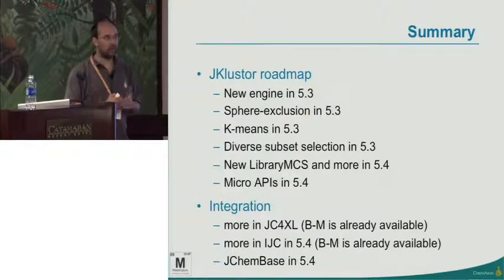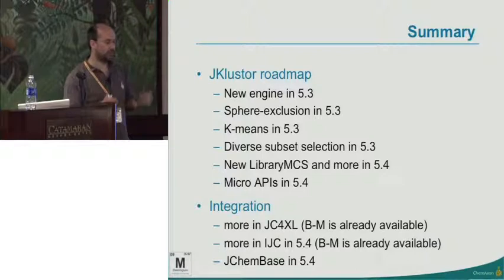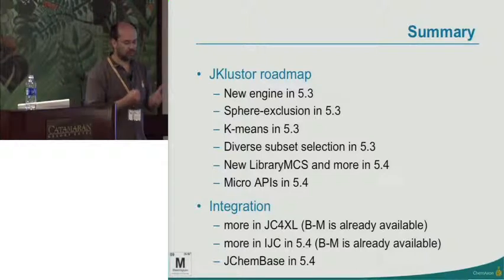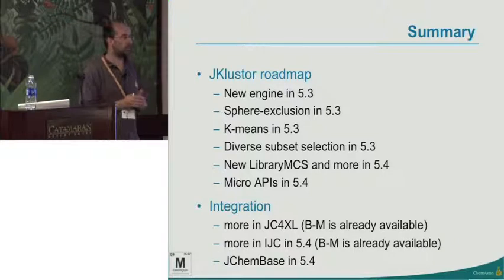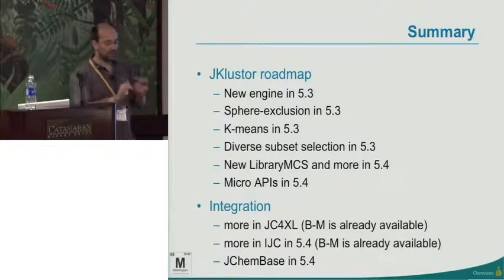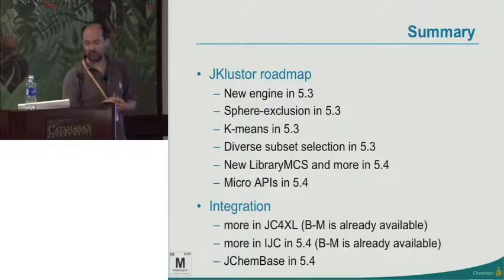Another quite well-known and popular algorithm, the k-means, will also be part of 5.3. We will also implement diverse subset selection when you feed in your data and you want to have just 100 or 1,000 or whatever, a small number of randomly picked compounds that are as diverse as possible.